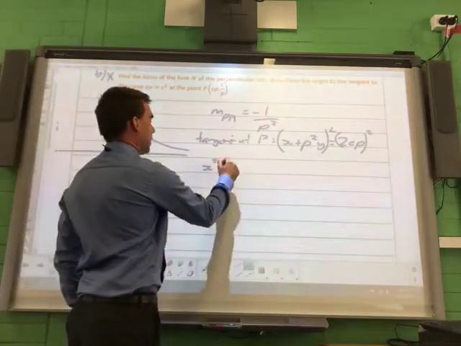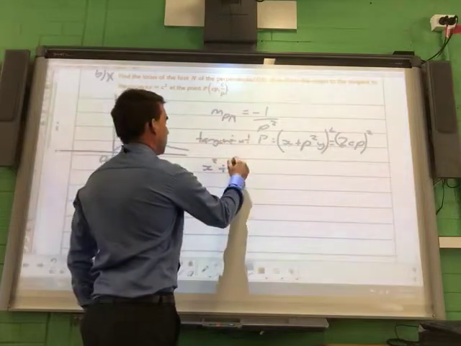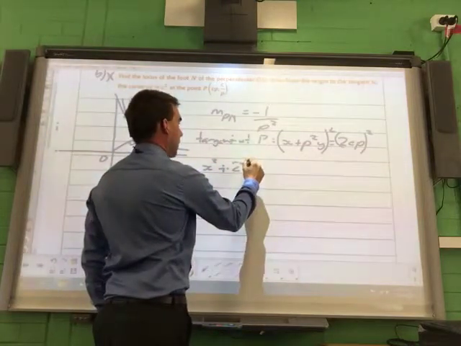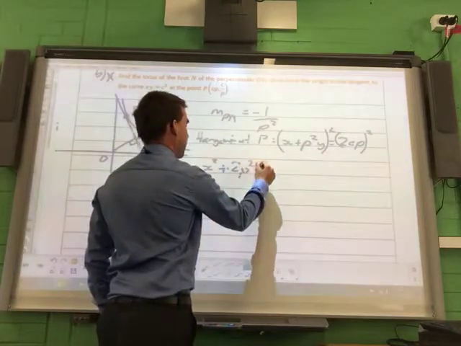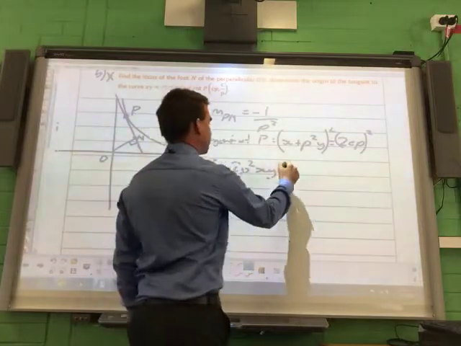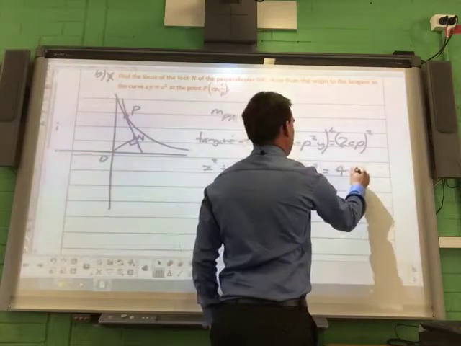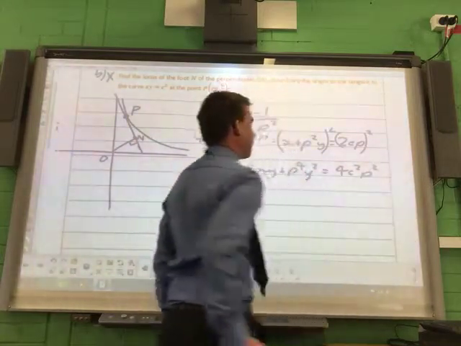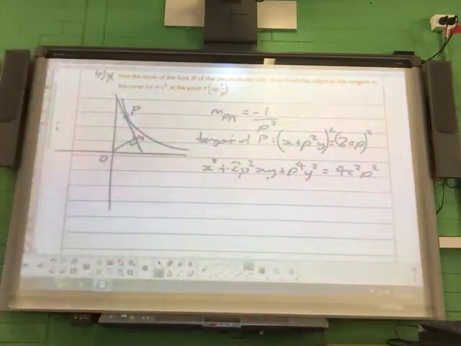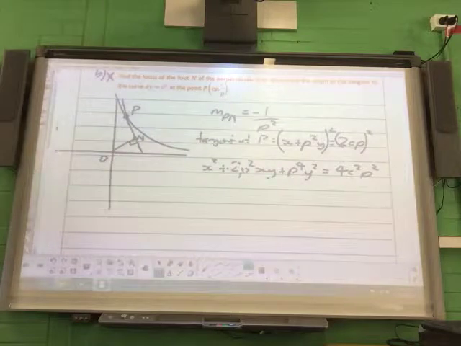So, x squared plus 2p squared xy plus p to the 4 y squared will be 4c squared p squared. Right, the reason I've done that is because I want p squared in my expression.